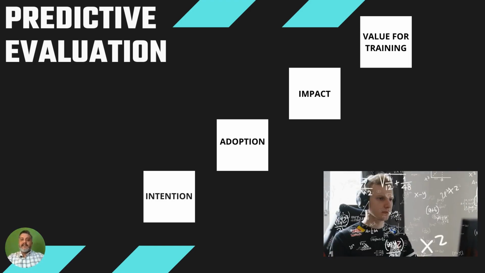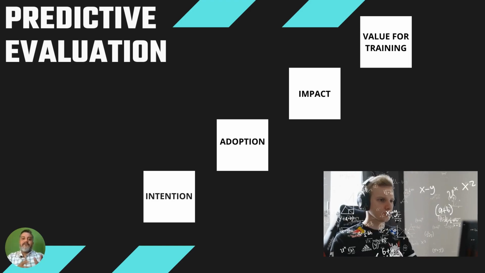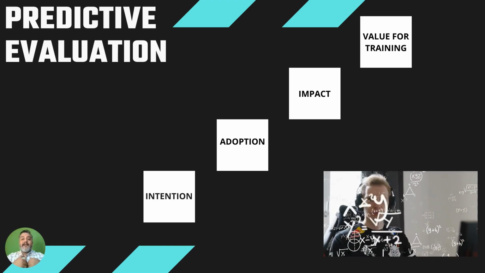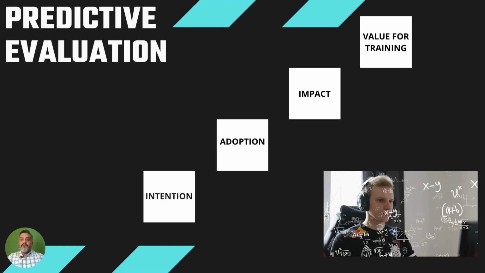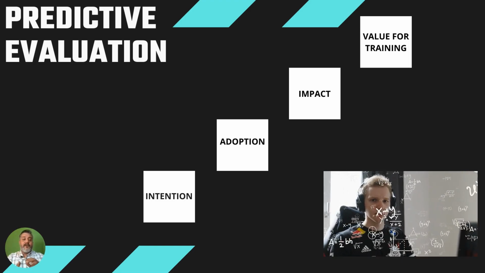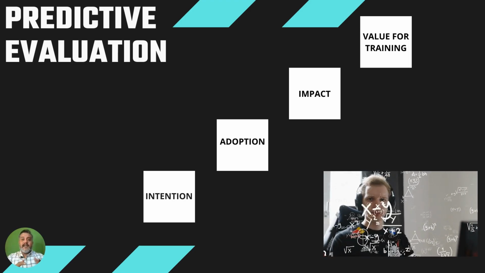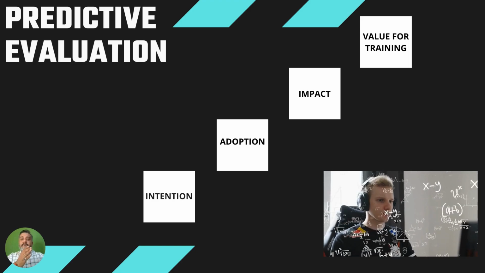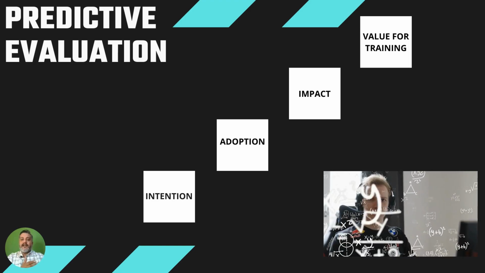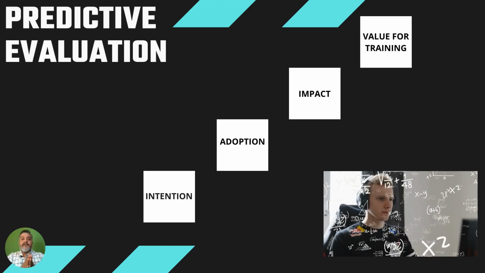Now, post defining these three success gates, you know what you have to achieve and what is expected from your end, and what is expected from the company's end in order for you to achieve that. So after all this is discussed and your impact is clear, your intentions are clear, your prerequisites are clear, then you can predict the value for training.